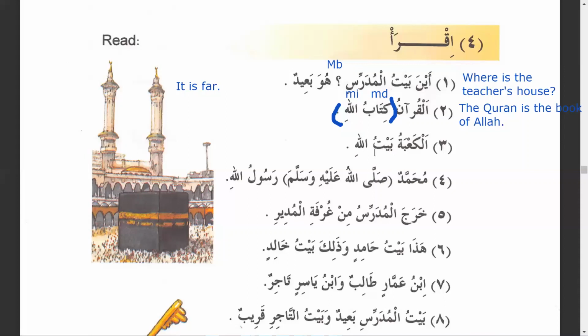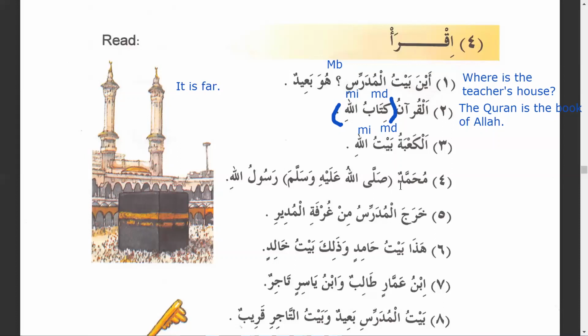Yes, excellent. So Baytu is house. Which part of the Idafa combination? Mudaf or mudaf ilayh? Mudaf. And Allahi is a mudaf ilayh. Okay.